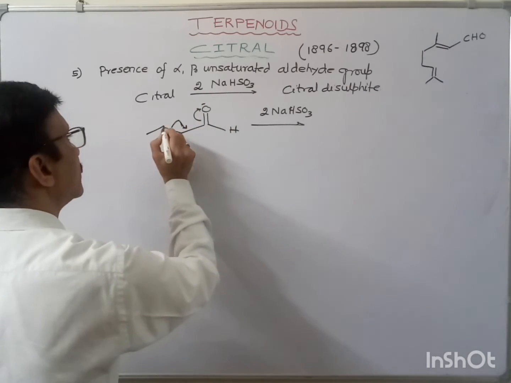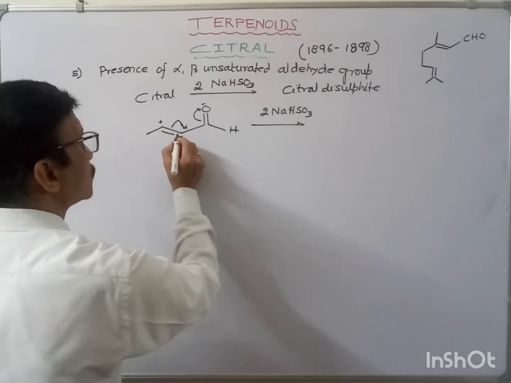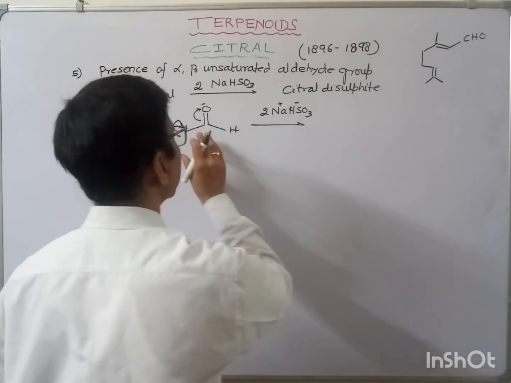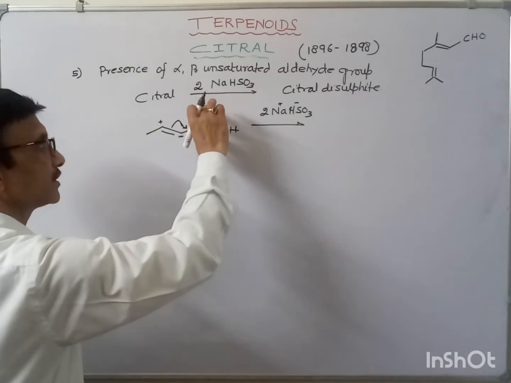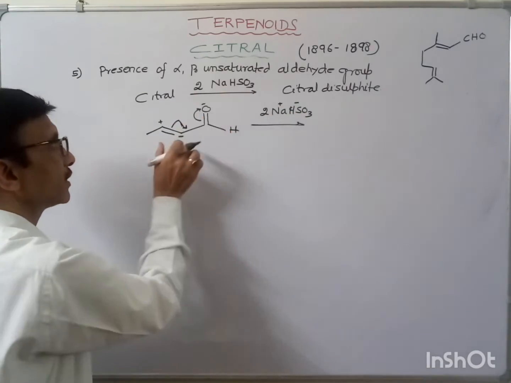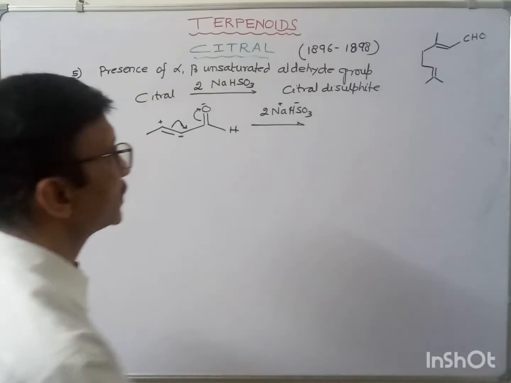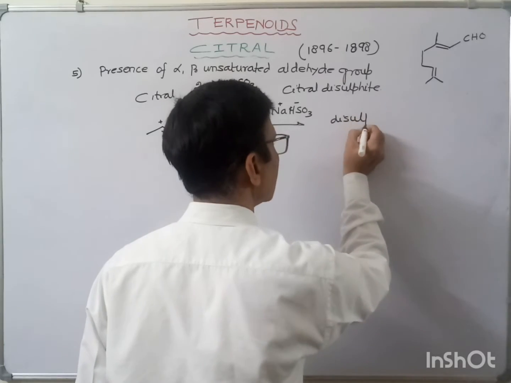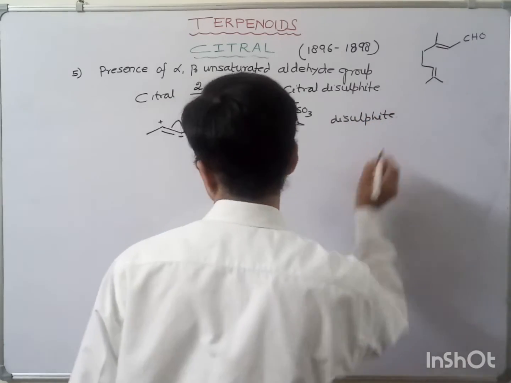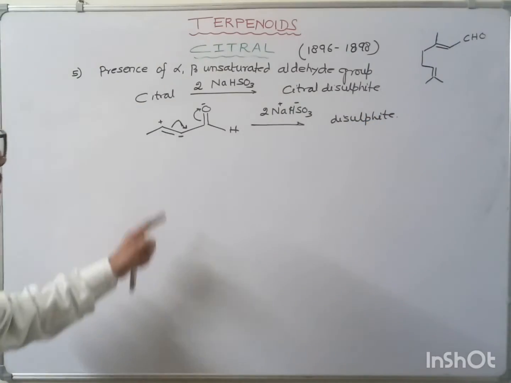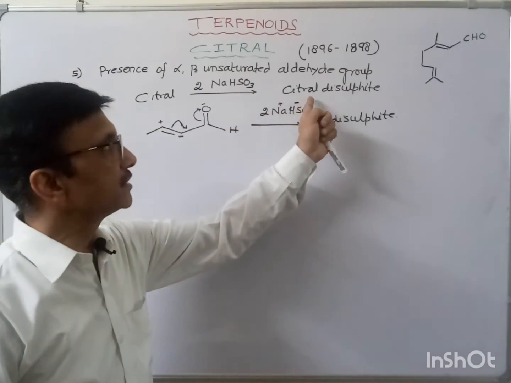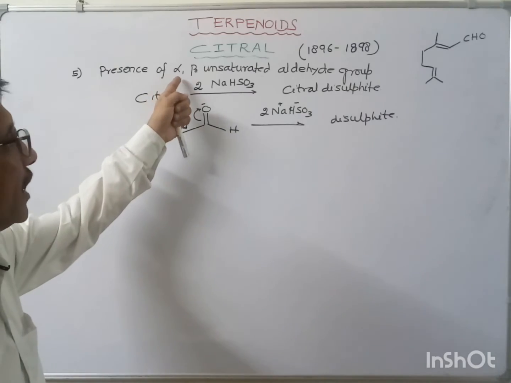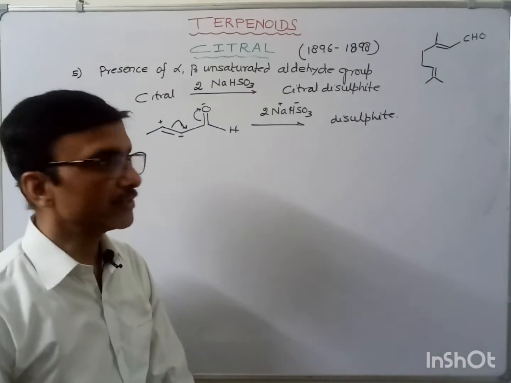So we will get the disulfide. That's why the formation of citral disulfide tells about the presence of the alpha beta unsaturated aldehyde group.